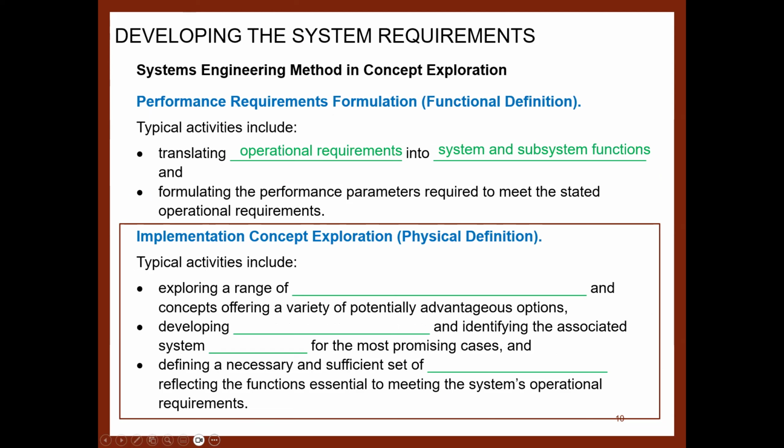So what are those metrics that we are going to use to measure the performance of our system? Is it going to be based on the number of people that we can serve? Is it going to be based on the cost associated with the operational status? Is it going to be based on the technology that we are going to be applying? So what are those performance parameters?